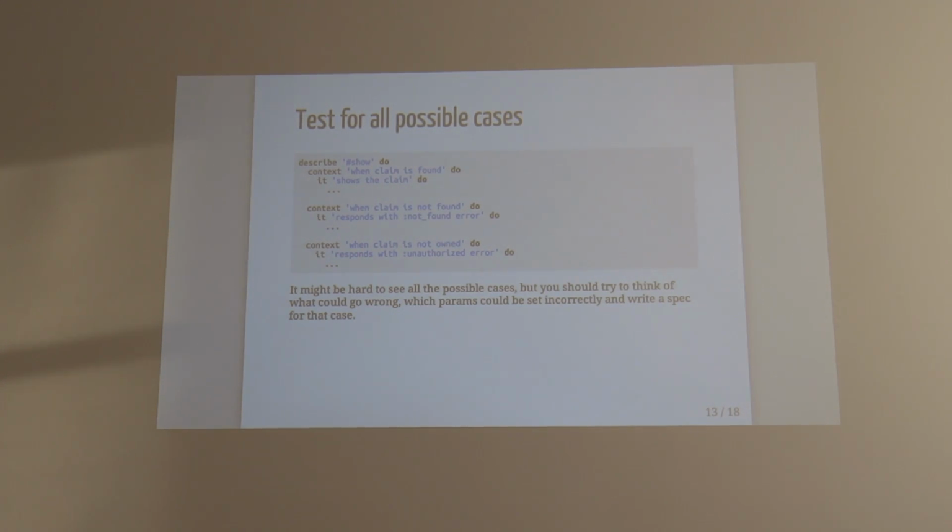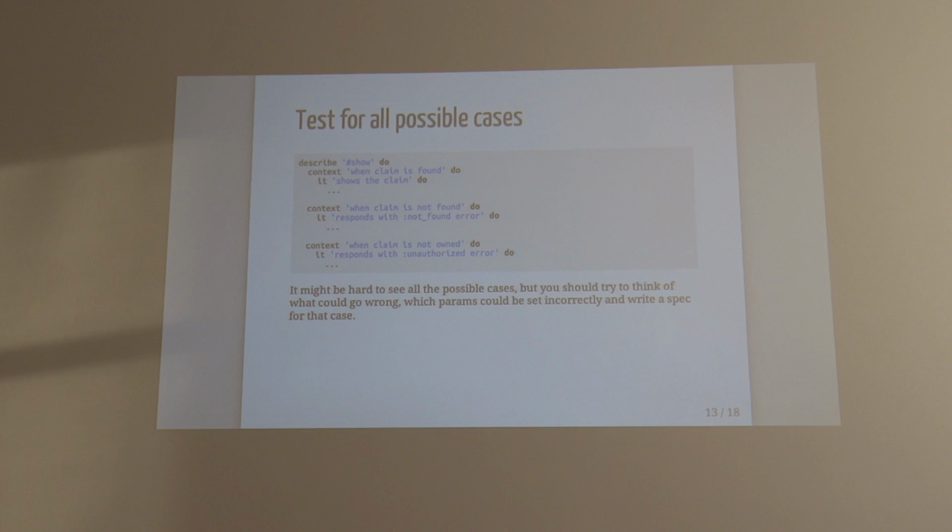Another recommendation is to write specs for all possible cases, because the code coverage metric that many people like to use doesn't tell you everything. It's not enough that when the test executes, the whole code was executed.